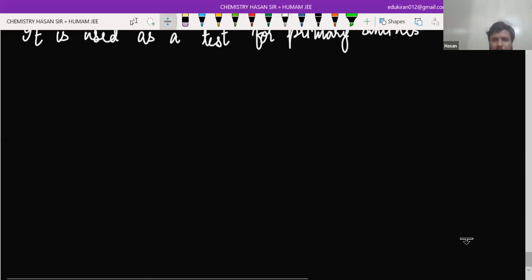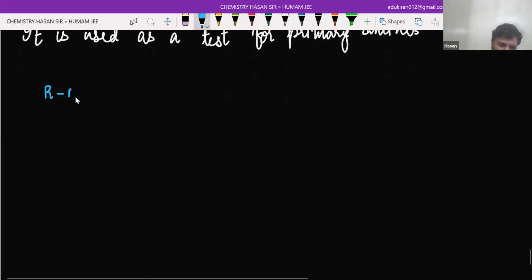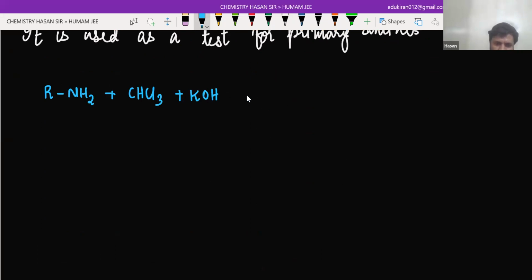Now see how the reaction will take place. First, you are going to take a primary amine. So this is your primary amine. If you react this with chloroform, that means CHCl3, in the presence of ethanolic potassium hydroxide, and heat it, to balance it I'm going to take 3 moles of KOH.